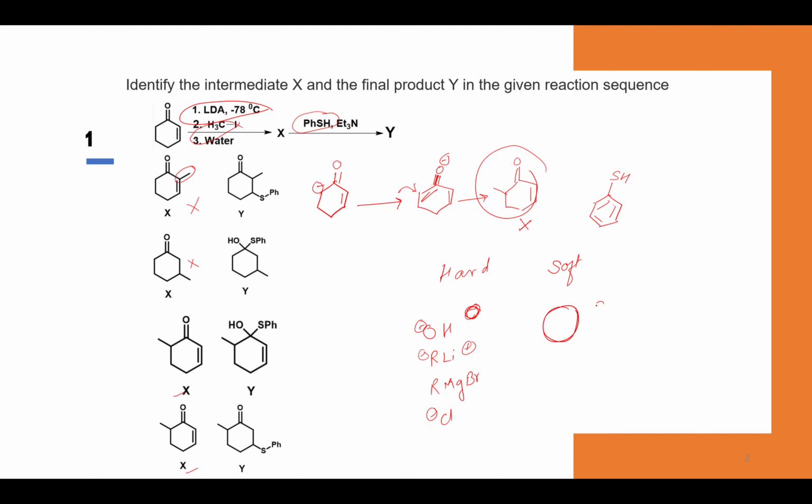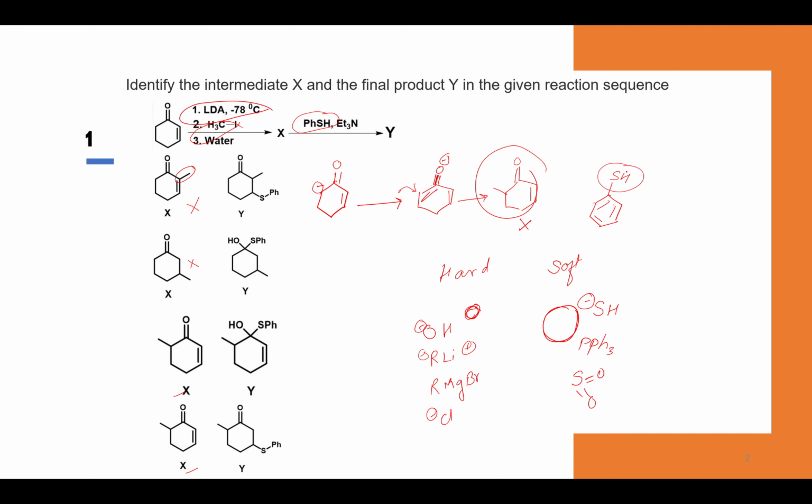So sulfur compounds and phosphorus compounds we can consider as soft nucleophiles, or other sulfur-substituted compounds. From this classification we got to know that sulfur behaves as a soft nucleophile.